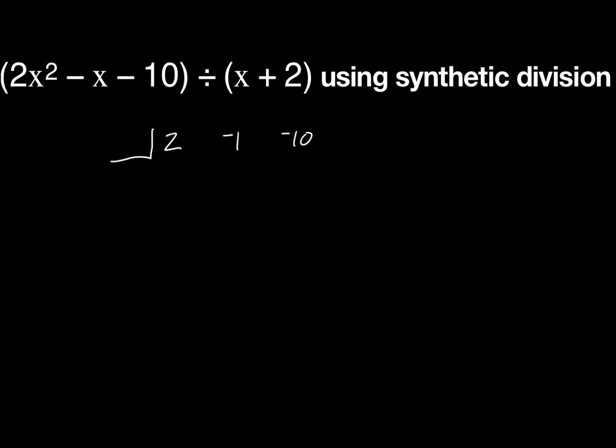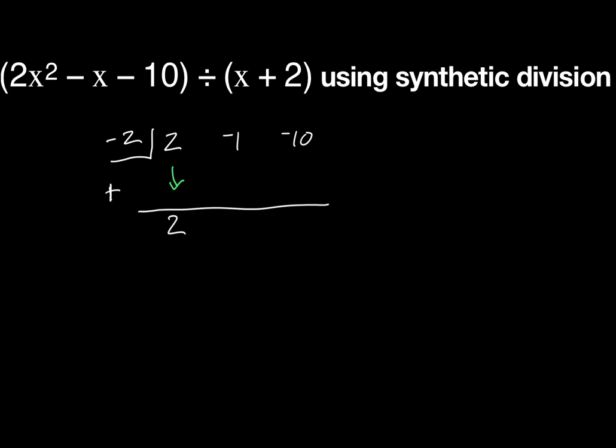And then right here, instead of putting x plus 2, I would write what would make this 0. What would be the root that I'm looking for? The 0 would be negative 2. And then the procedure would be, once I get it written down, and we're going to be adding, the first thing we do is we bring this 2 down to right here.